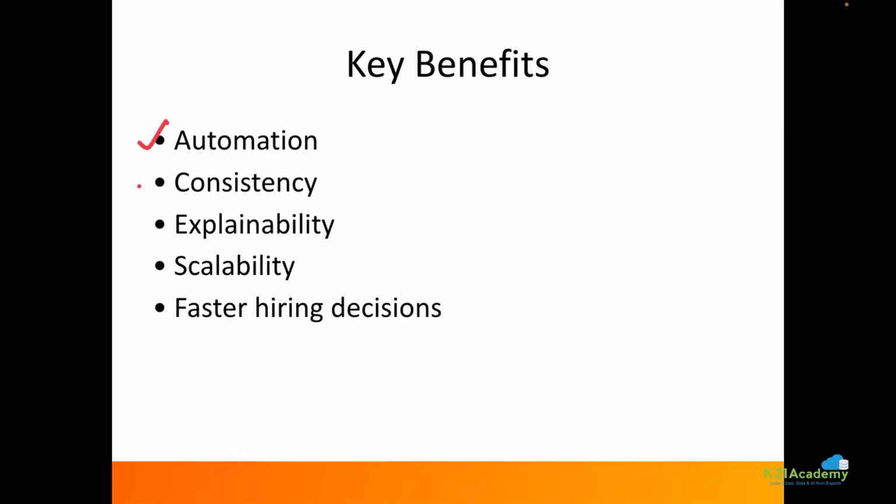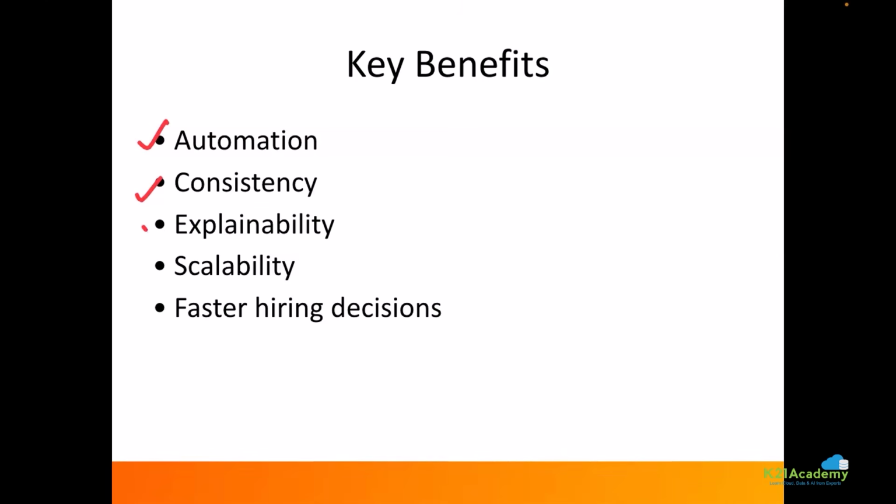Consistency means here we are talking about bias, or tiredness in any human. A human can be tired, or can show some bias toward some resume, and may never be consistent all the time. So we want every resume to be evaluated based on specific rules, with some logic behind it.